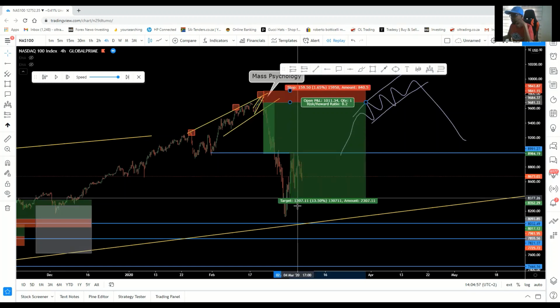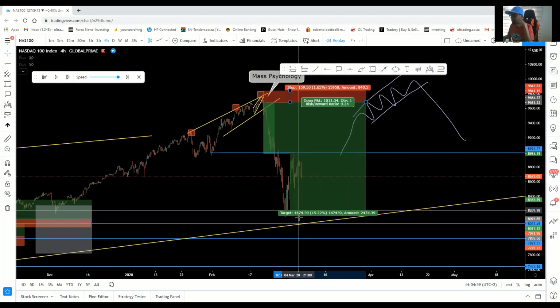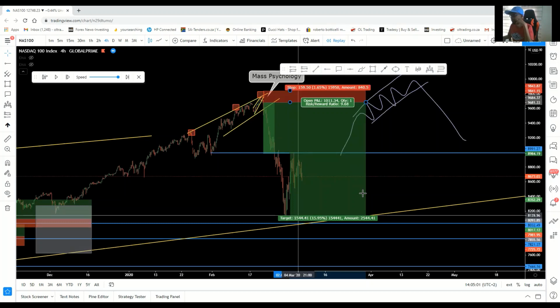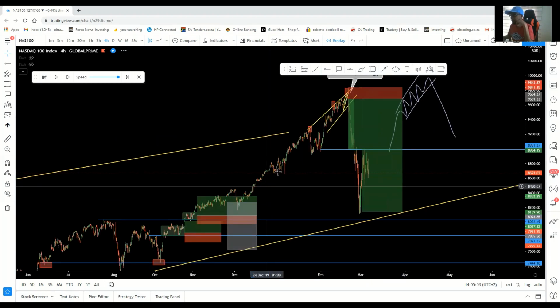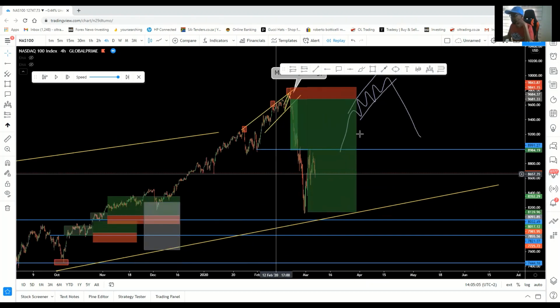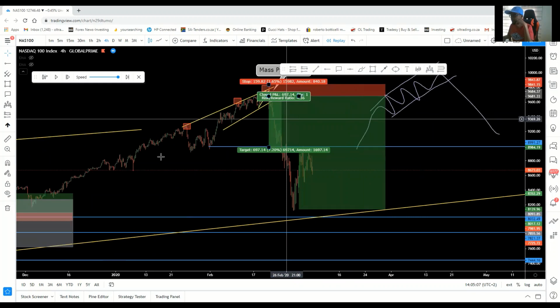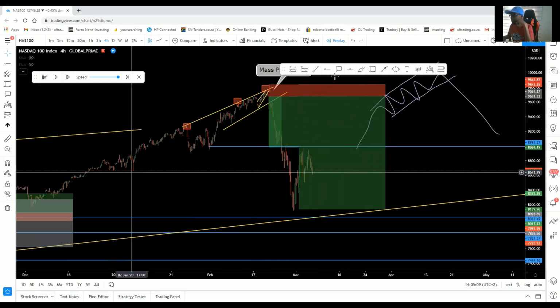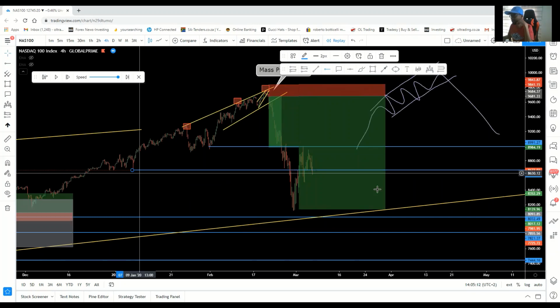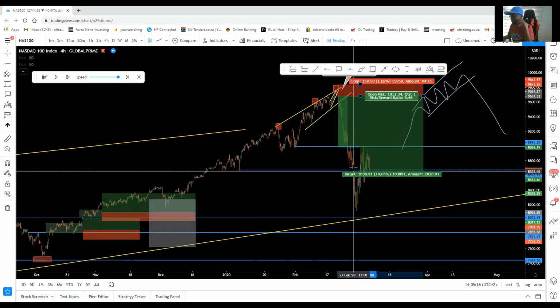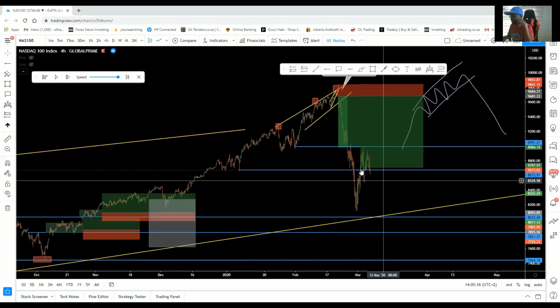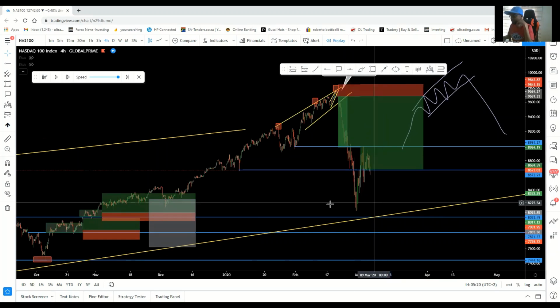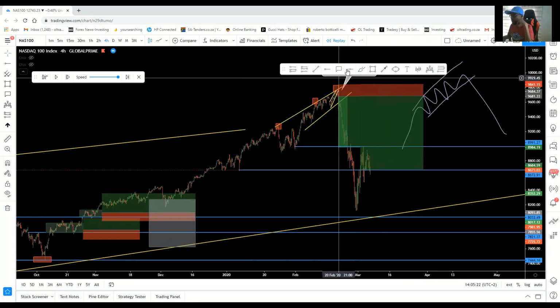Take it all the way down. First one, you have your first TP here, and then your second one will be this one. Then your third TP will be around this level here.